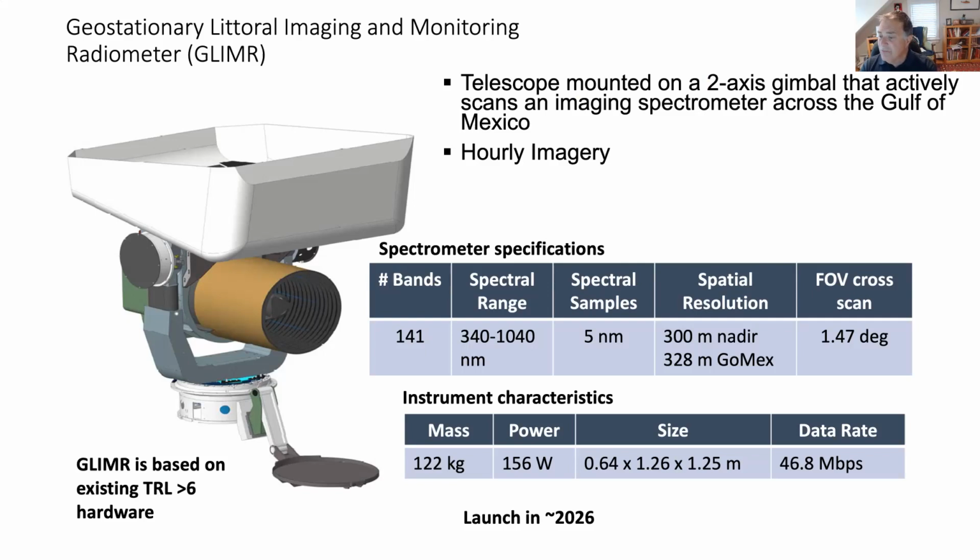We're primarily interested in processes that are going on in the Gulf of Mexico with all the river discharge, the HABs events that have been occurring, and the nuisance algae. And so we think the Gulf of Mexico is a good place to focus on. It's a relatively small, low power instrument, and it's on a 2-axis gimbal, so we can steer around.